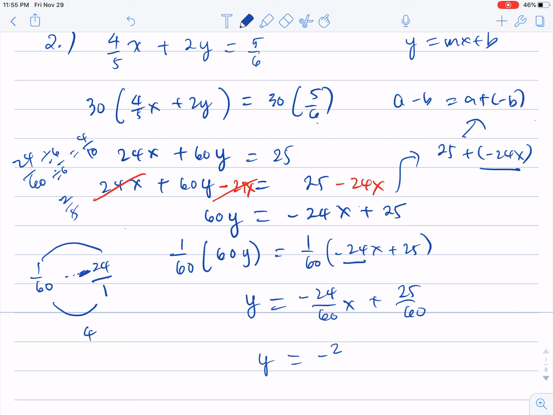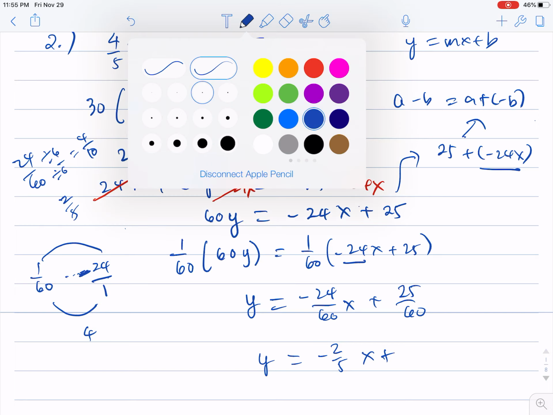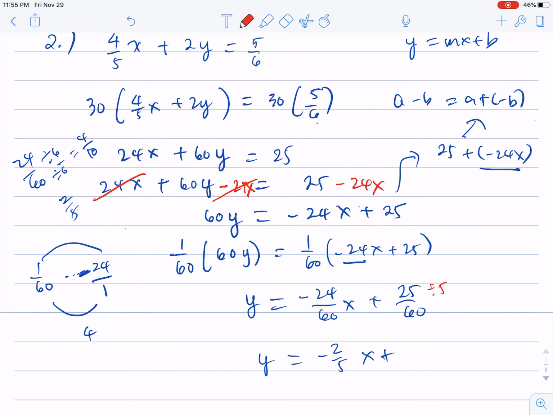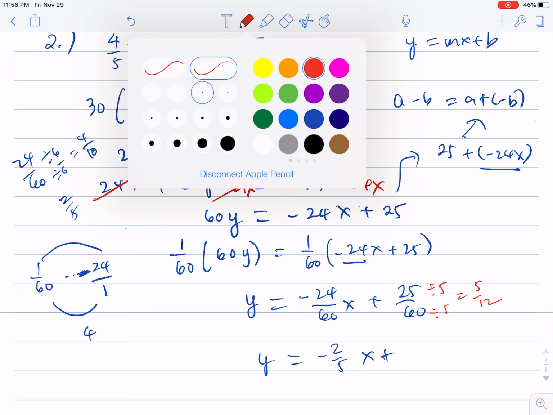Y equals negative 2/5x plus, what is 25 over 60? Pwede ko ba i-divide by 5? If I divided this by 5, this becomes 5 over 12 or 5/12.